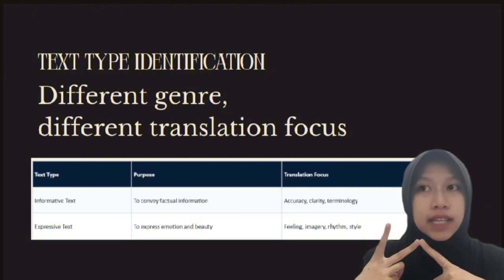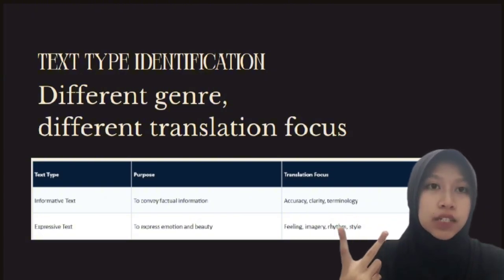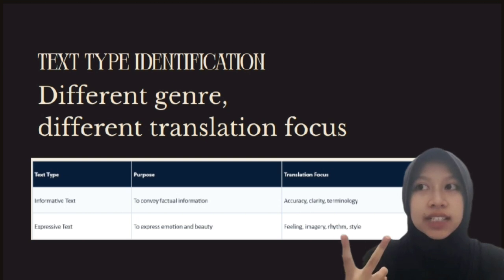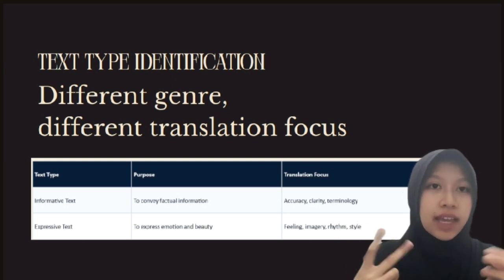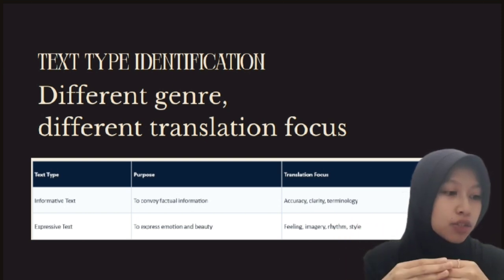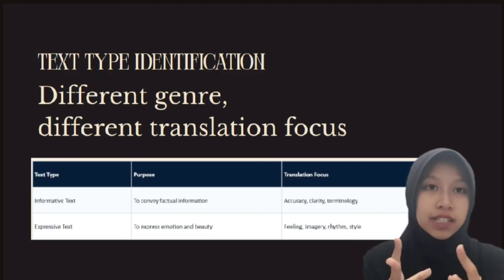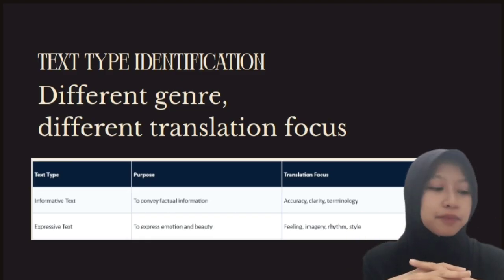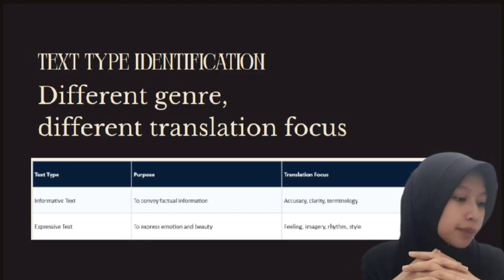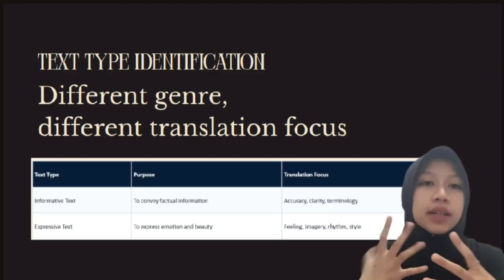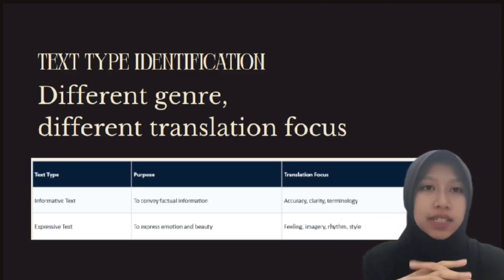Informative text is aimed to deliver factual and actual information, and the purpose itself is to convey factual information.